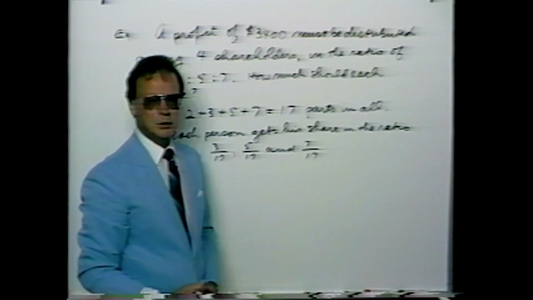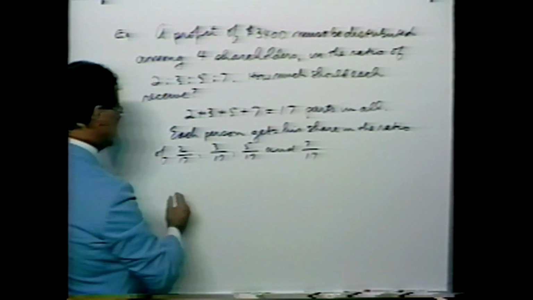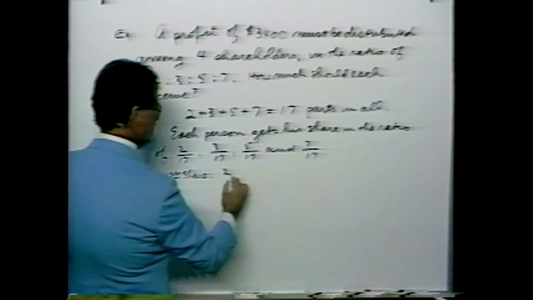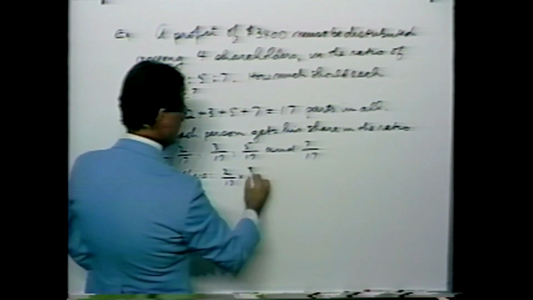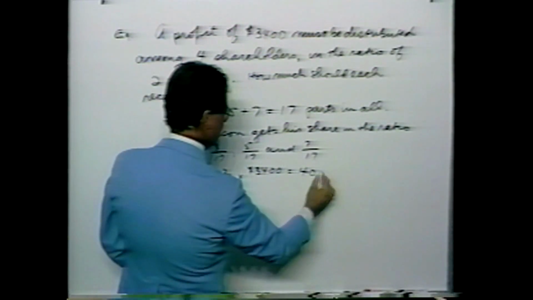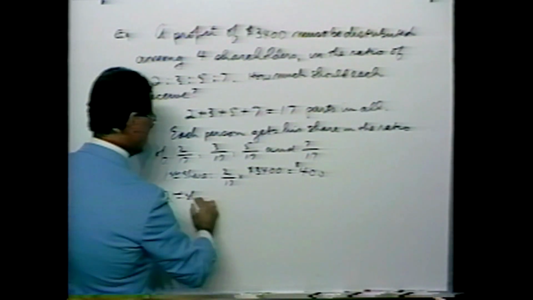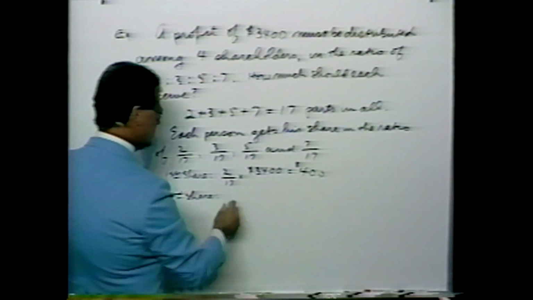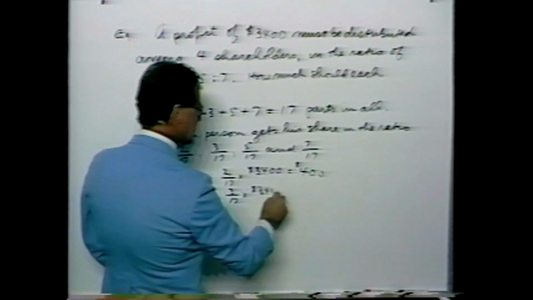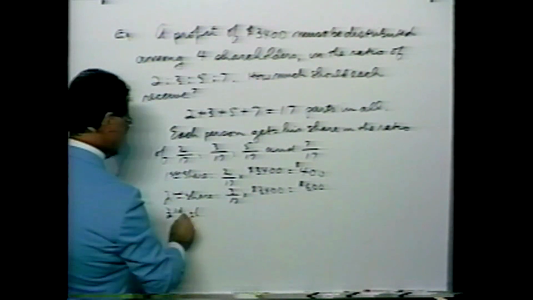Consequently, the first person gets 2/17 of $3,400. The second share is 3 over 17 of $3,400, and that's $600.